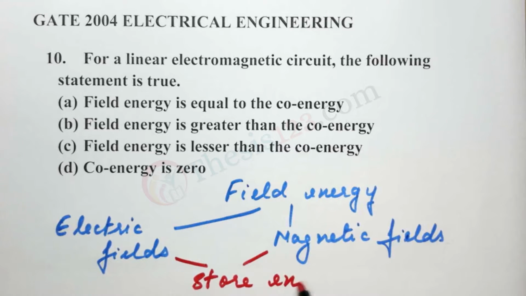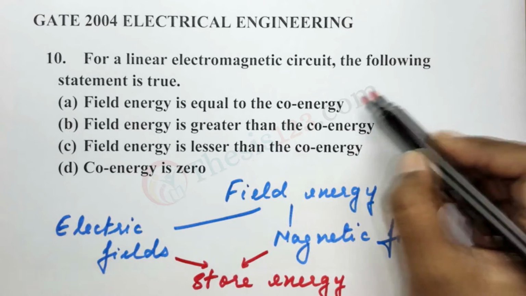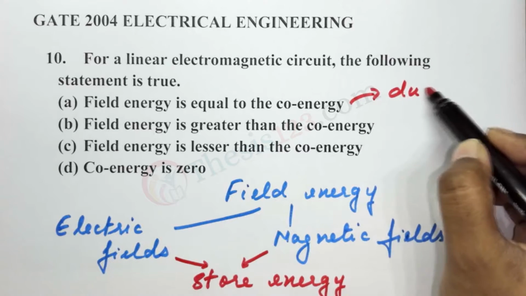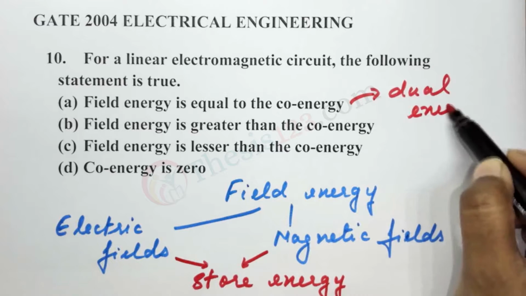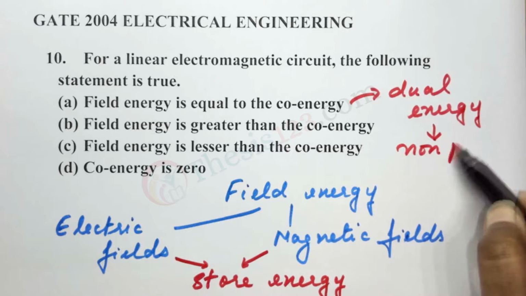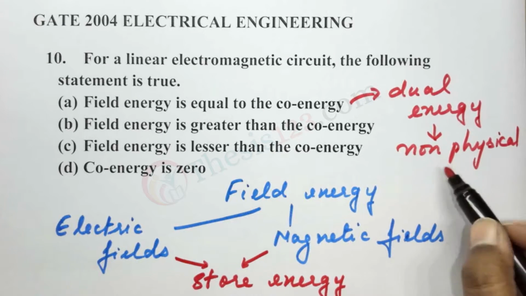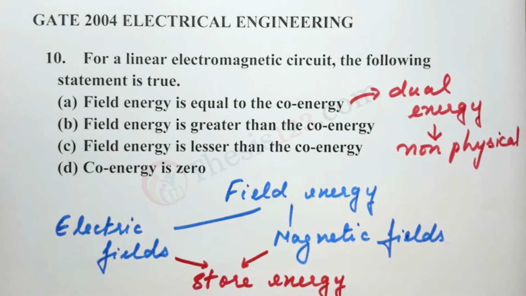Both electric fields and magnetic fields store energy. This energy is known as field energy. On the other side, the core energy is also known as dual energy. It is a non-physical quantity, really. This non-physical quantity is measured in the same units as energy, and it is usually used in theoretical analysis of storing and transferring of energy.